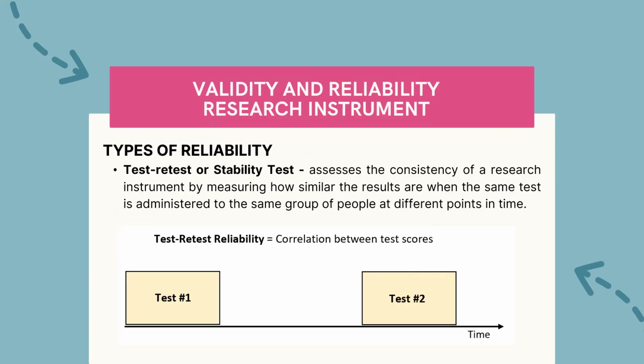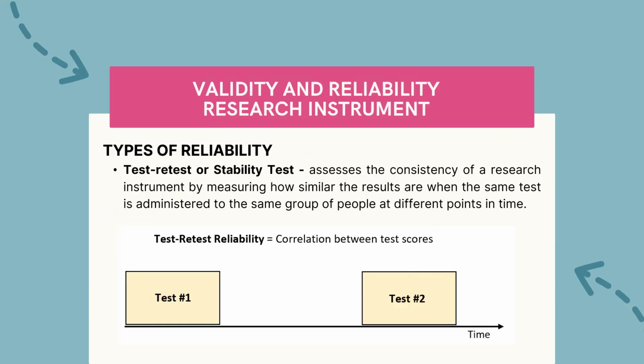Say, for example, in a general mathematics class, you would like to test the knowledge of your students before starting the lesson. So you will have this pre-test, or test number one. After a period of time, you are discussing the lessons, the concepts, and the interventions in general mathematics.